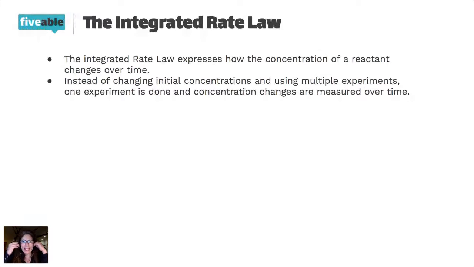So in this case, we're going to use one experiment and check how the concentration of the reactants decreases over time. Instead of having several experiments with initial concentrations and checking the rate, the data is going to come from one experiment where we check concentration and time throughout the experiment.